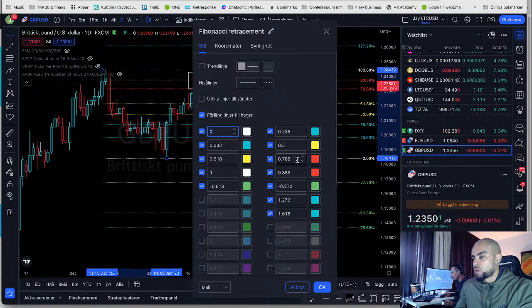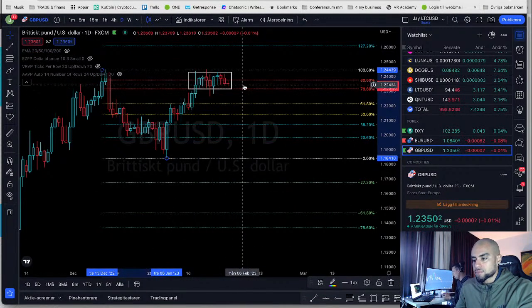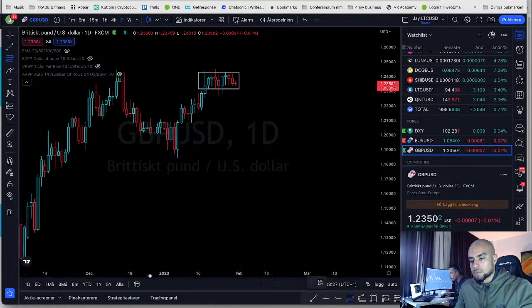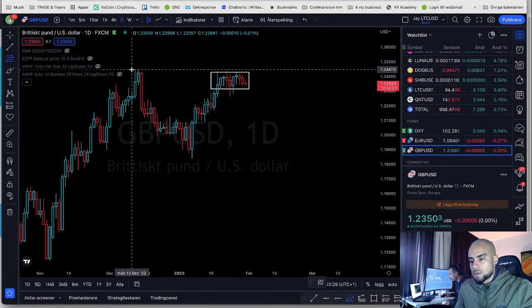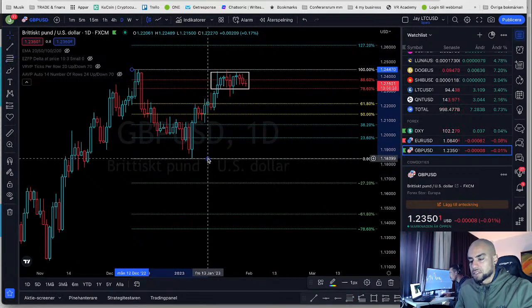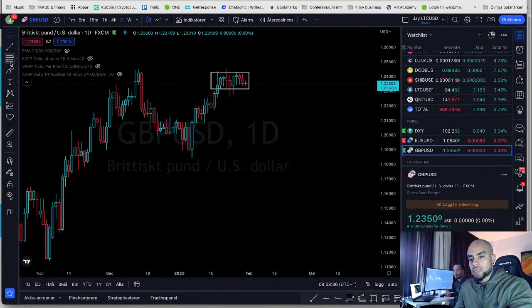So when the market has come up and might reverse down, and it's the opposite when the market is going down and might bounce up. So when the market is going down, let's remove this one for clarity. When the market is going down like this, oh sorry, I mean like this.